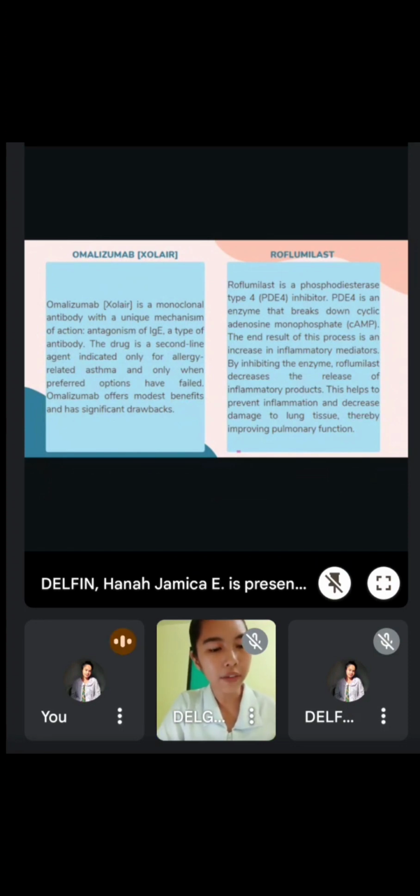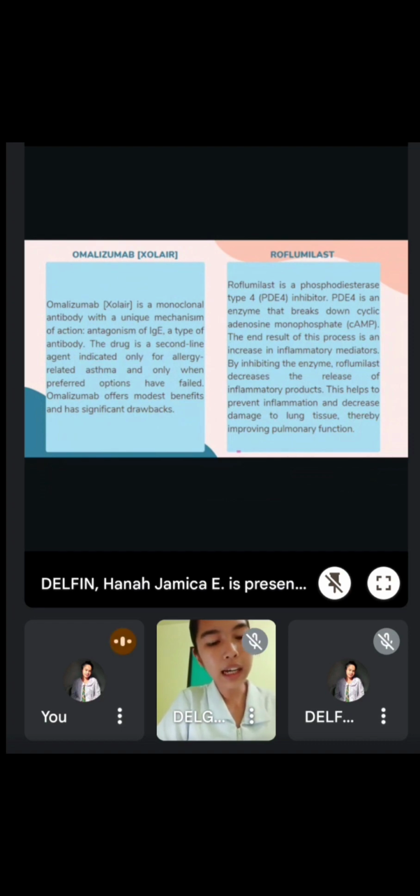The adverse effects. Omalizumab can cause a variety of adverse effects. The most common are injection site reaction, viral infection, upper respiratory infection, sinusitis, headache, and pharyngitis.